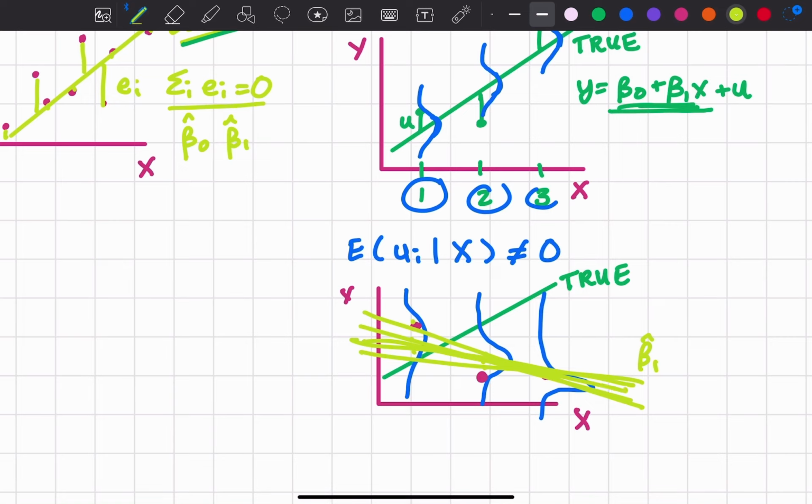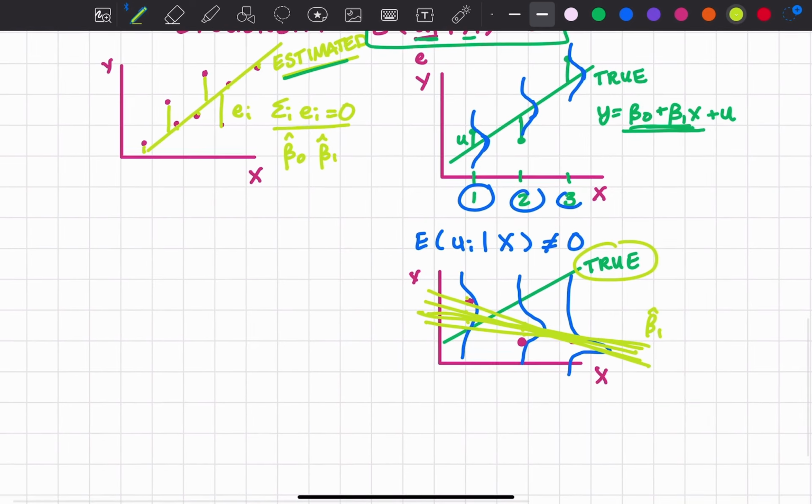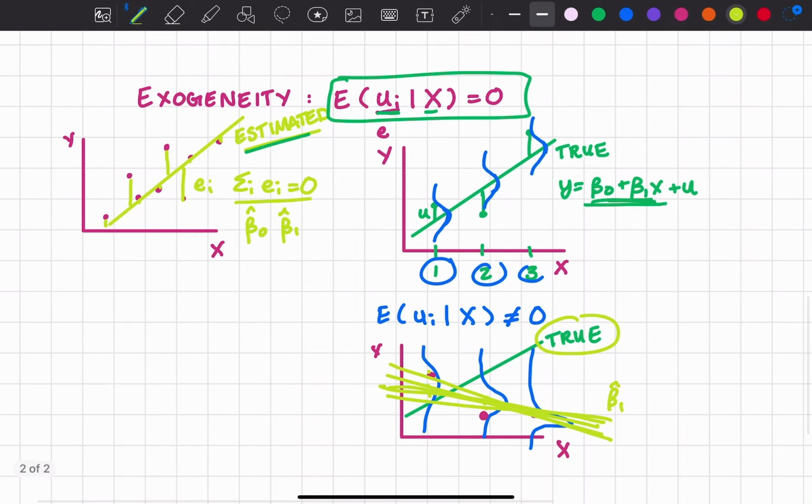We might estimate it to be negative when in truth it's positive. So that's some intuition about why exogeneity is so crucial to this proof that OLS estimates for beta hat 1 are on target, that they're unbiased.